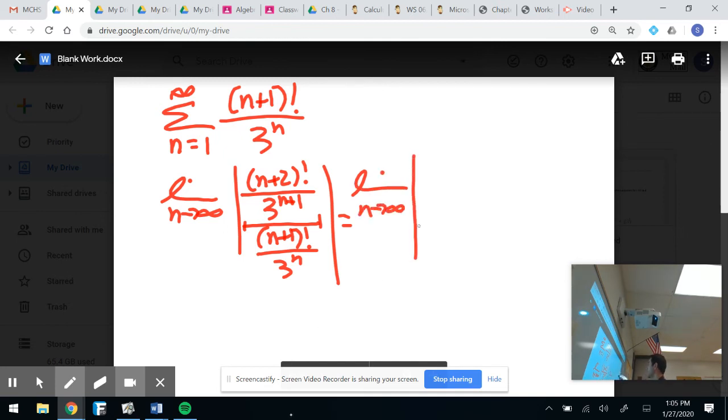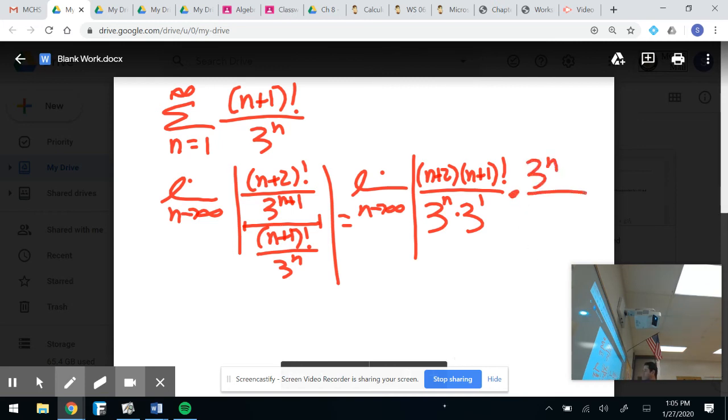Now, n plus 2 factorial I could write as n plus 2 times n plus 1 factorial. I'm going to stop there because I notice that it's going to cancel out. And then 3 to the n plus 1 would be 3 to the n times 3 to the first. Multiplied by, there it is, and I get this. Oh, sweet.